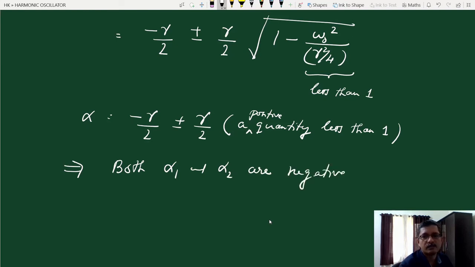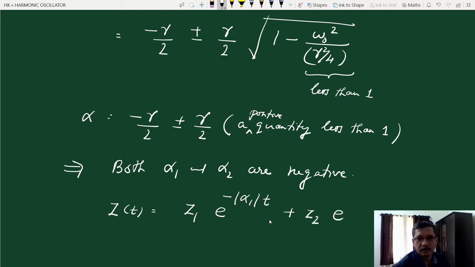Then we can write z of t, the general solution, as z1 e raised to minus modulus alpha 1 t, plus z2 e raised to minus modulus alpha 2 t.